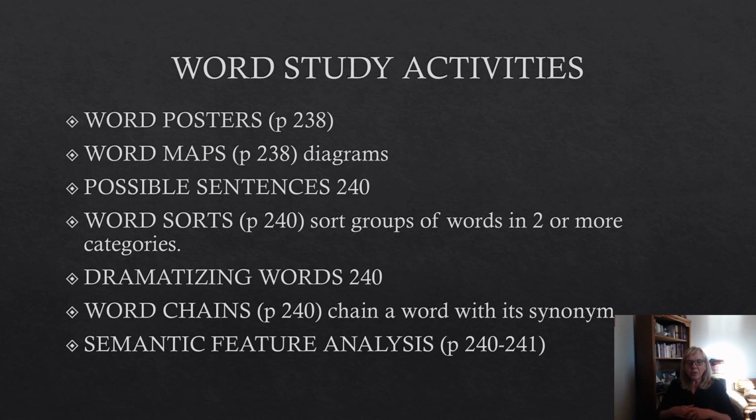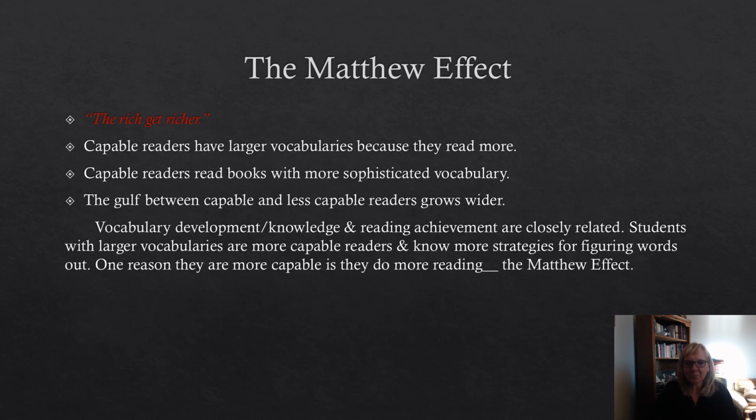Putting together word chains, where you're chaining words with their synonyms in order to understand meanings. Semantic feature analysis, it goes over that on pages 240 to 241 at great length, where you are taking all of the different parts of the word to figure out meaning.